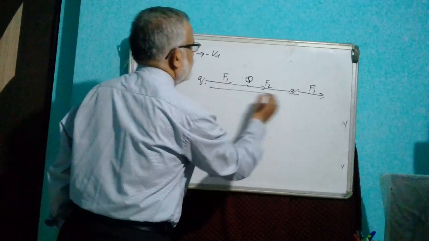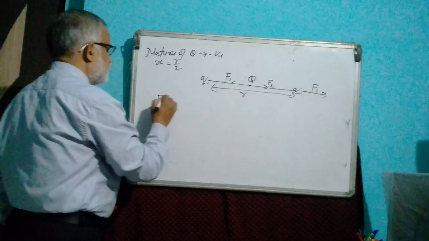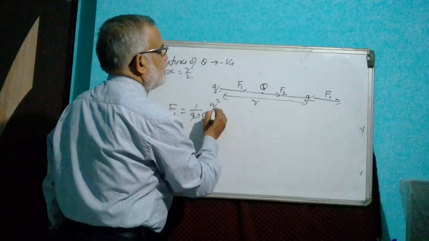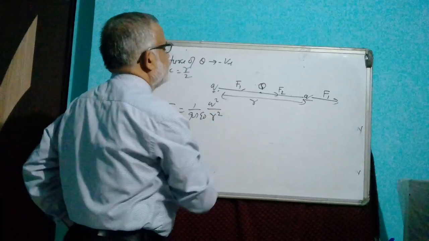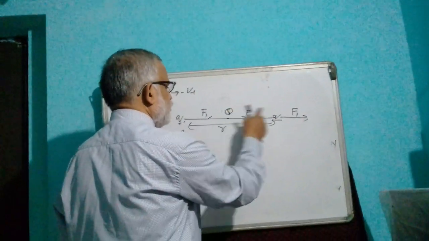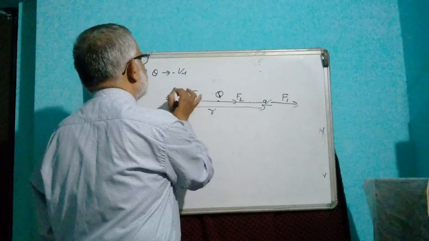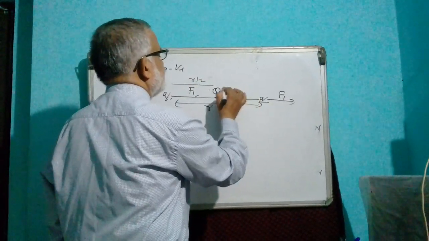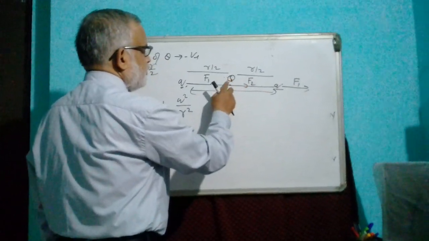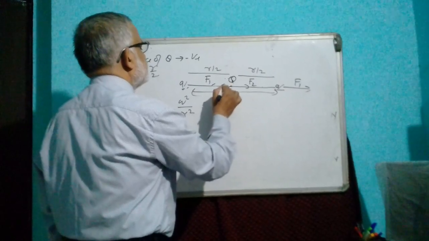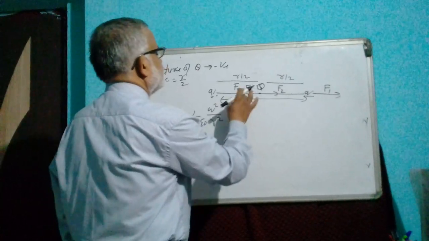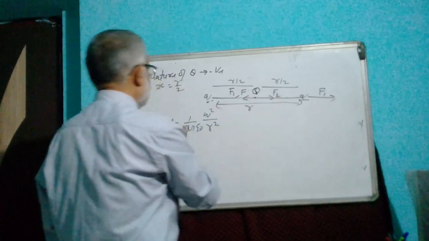Therefore, F1 equals 1 upon 4 pi epsilon naught Qq upon R square. The force applied by capital Q on small q, this distance is R by 2, we have proved. The force acting on capital Q by this Q is F1.